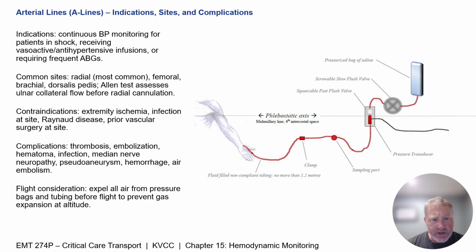Besides the radial site, which is most common, art lines are also inserted femorally, brachially, in the dorsalis pedis. Always do an Allen test, which assesses the ulnar collateral flow before a radial cannulation, just like you would do before drawing an arterial blood gas.